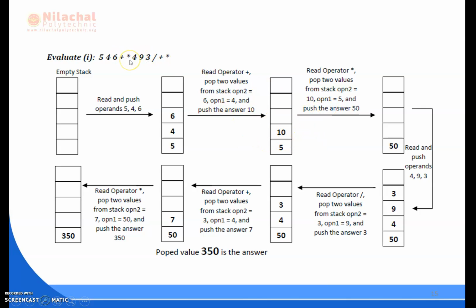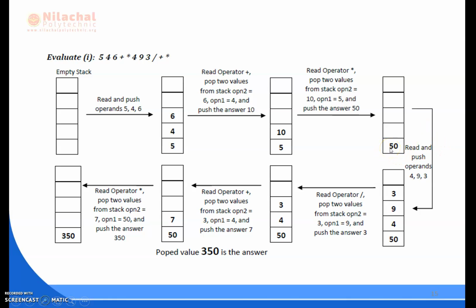Next we see another operator, that is the multiplication sign. So again two operands will be popped out from the stack, that is 10 has been popped out and 5 has been popped out, and multiplication is performed on both operands, that is 10 multiplied by 5, and we get the result 50, and 50 is pushed into the stack.